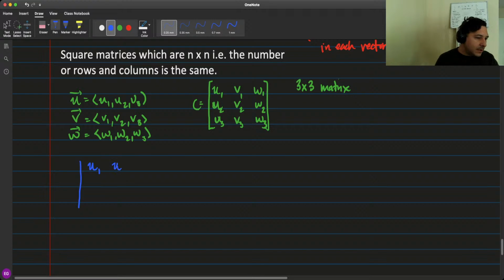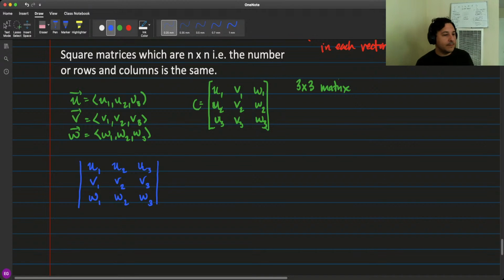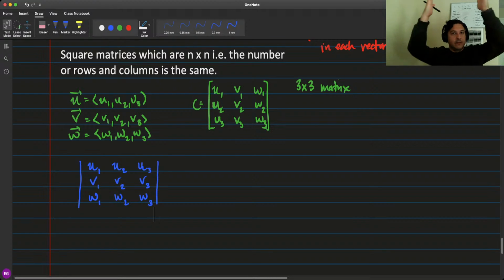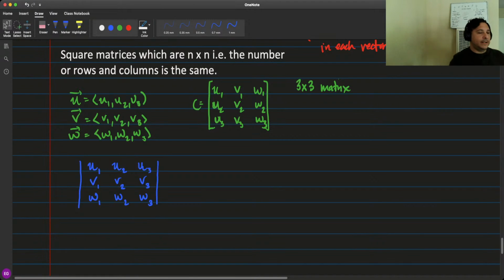We'll do U1, U2, U3 entered along a row as opposed to a column, then V1, V2, V3, and W1, W2, W3. So I made a matrix by entering my 3 vectors along the rows, and I know that I want to take the determinant because it has the vertical lines around it as opposed to the brackets.